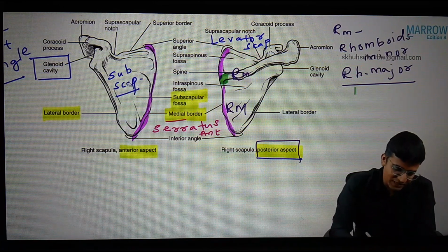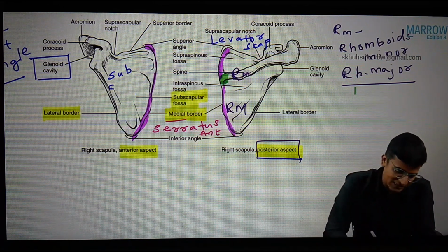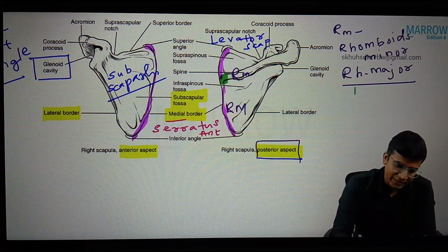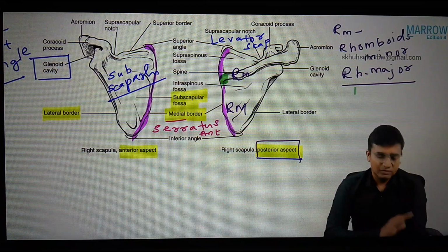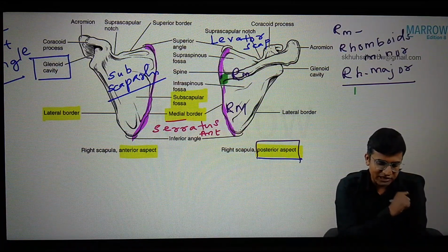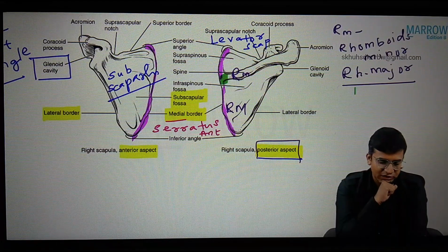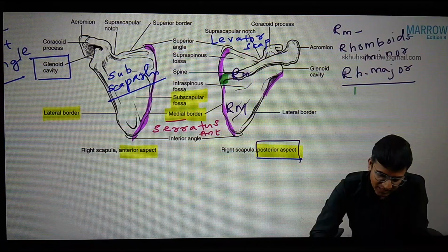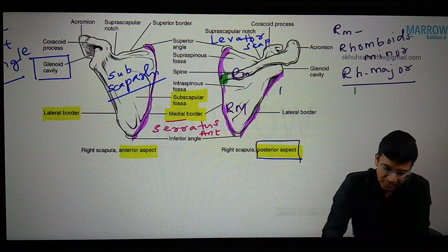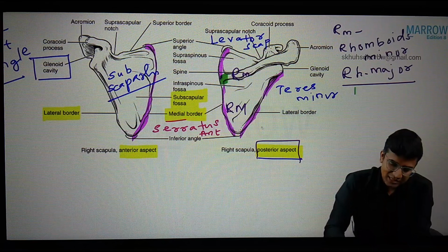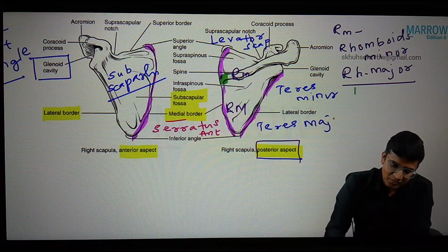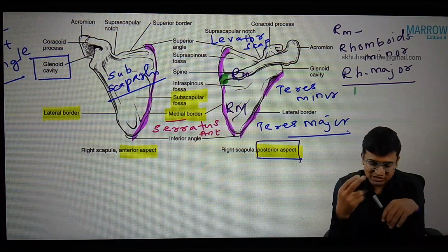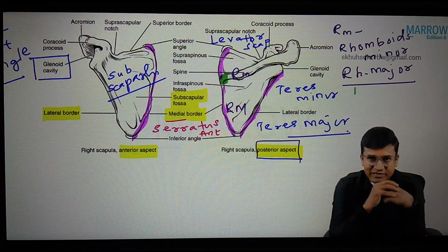So the subscapularis muscle originates from the subscapular fossa and the lateral border. Now the lateral border on the back side gives origin to two muscles, teres minor and teres major.